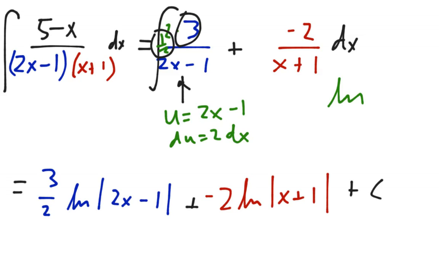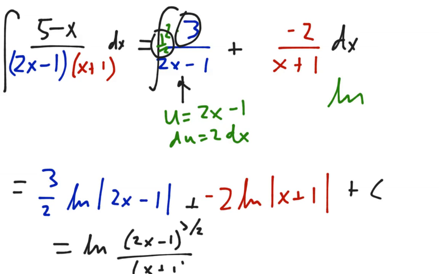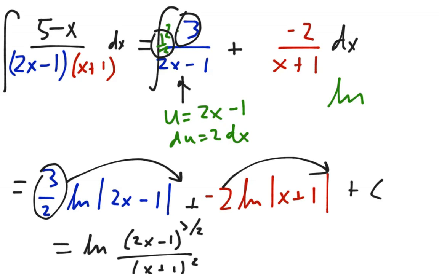And then if we wanted to completely rewrite this, we could, using the subtraction and the exponents. We would have ln, the 2x minus 1 would be on top, and that would be to the 3/2 power. And then the x plus 1 would be on the bottom, and that would be to the squared power, because again, you would pull these coefficients up front as exponents, plus c.